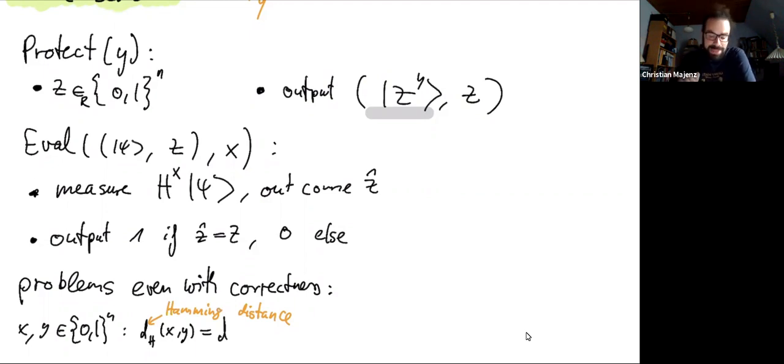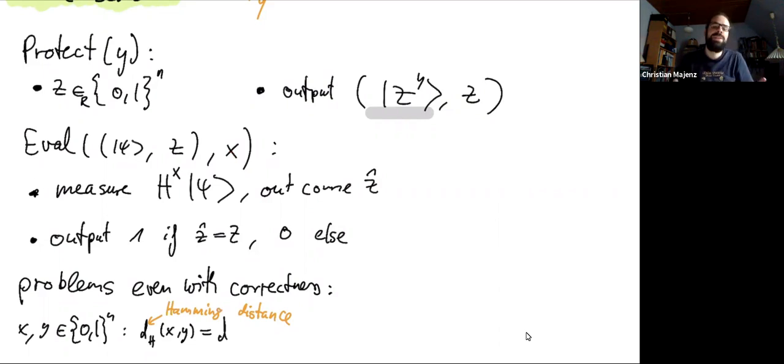It works because we encode it using the marked input. If x is equal to the marked input, then we obtain the outcome z with certainty. But if this input is not the marked input, then this measurement will be performed in some misaligned basis, so we could get a random outcome. And this will at least not happen with probability 1.